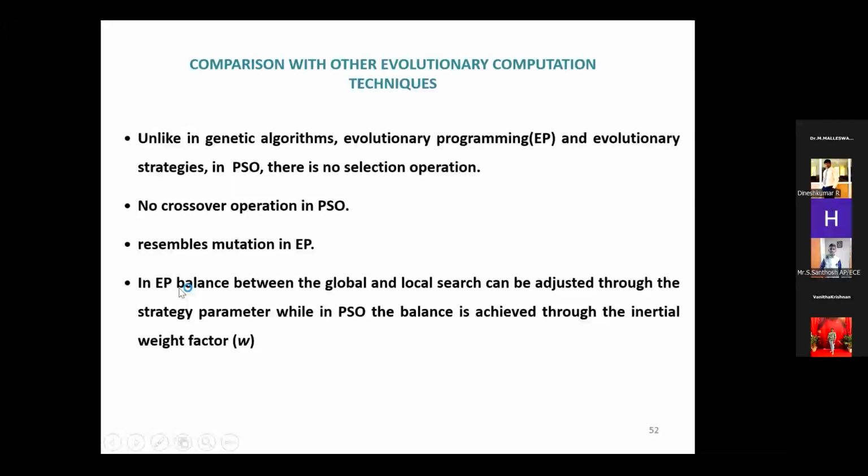In evolutionary programming, the balance between global and local search can be adjusted through the strategy parameter, while in PSO, the balance is achieved through the inertial weight factor. That is what we saw in the earlier slide. So PSO is slightly different from other evolutionary programming as well as from genetic algorithms, because in genetic algorithms we have crossover and mutation parameters, whereas in PSO we don't have all those things.